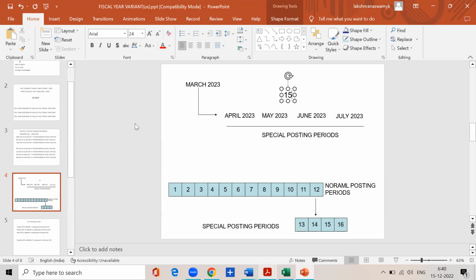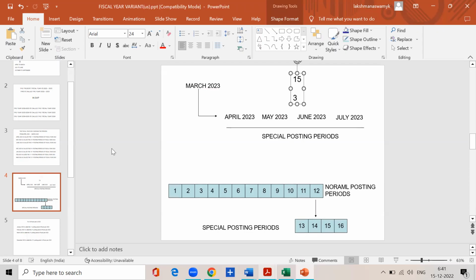If I enter the period number 15, then the system understands that it is a business transaction or an adjustment related to the previous year, because June 2023 means 15th period. If the user enters the period number 3, then the system understands that it is a business transaction relating to the current fiscal year. Clear for everybody?